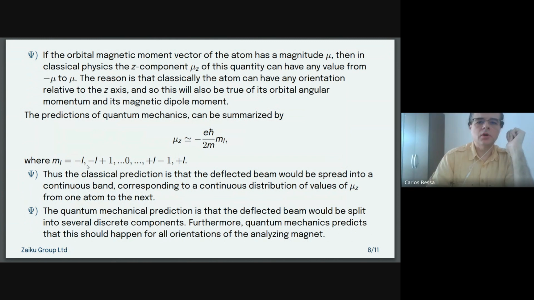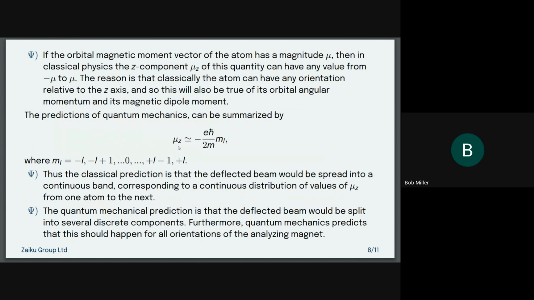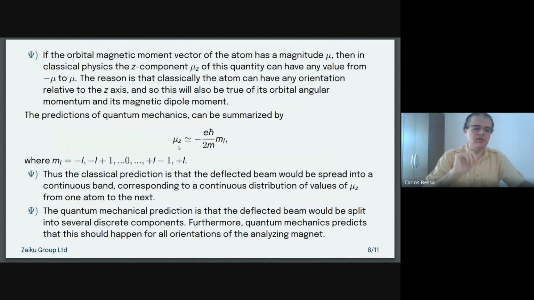But the two values are related with another quantum number. This is the number associated with the magnetic moment. Okay, thank you.